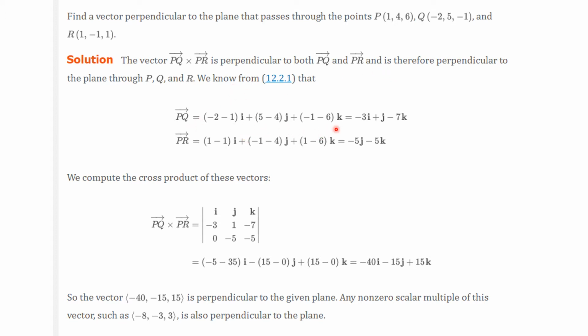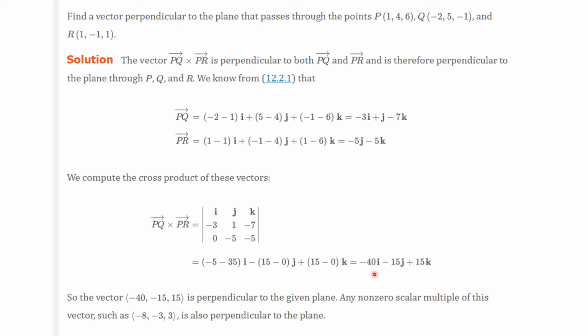Now we learned this in the first section, but that is how you come up with that vector, and this is vector PR. So we can compute that by putting PQ here and PR here as components and i, j, and k across the top. Compute this determinant, and we should have gotten this. So this is minus 40.